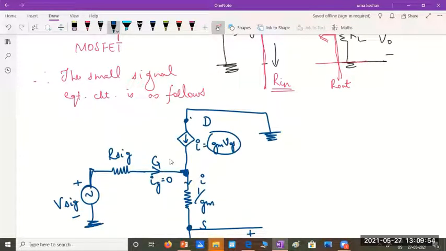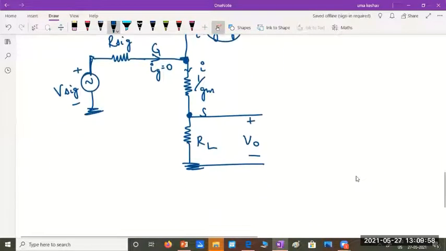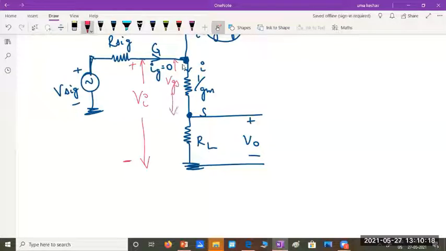Once you have the small signal equivalent circuit of the common drain amplifier, let us mark all the voltages. Vi is the voltage between gate and ground on the input side, and the voltage from gate to source is VGS. And this is V0.